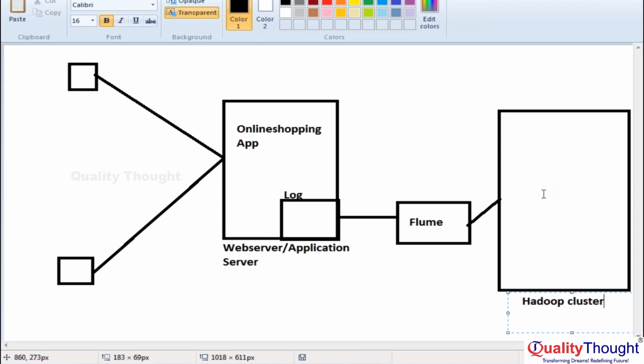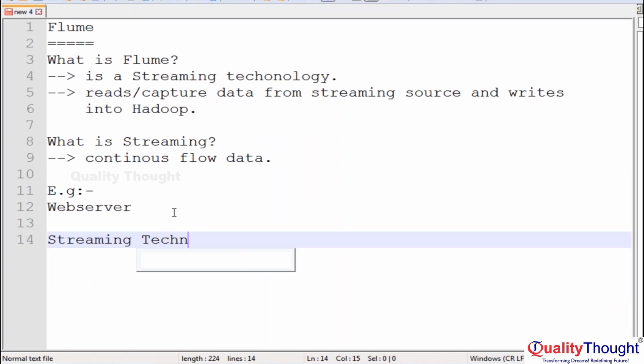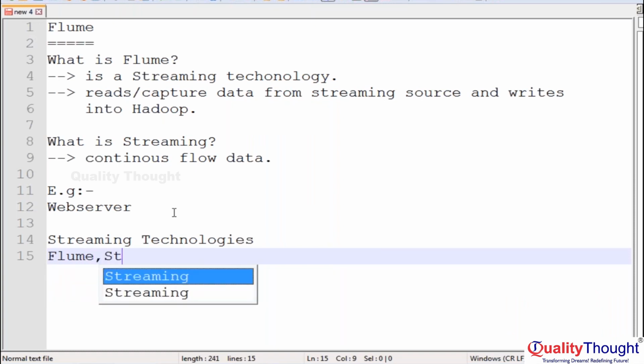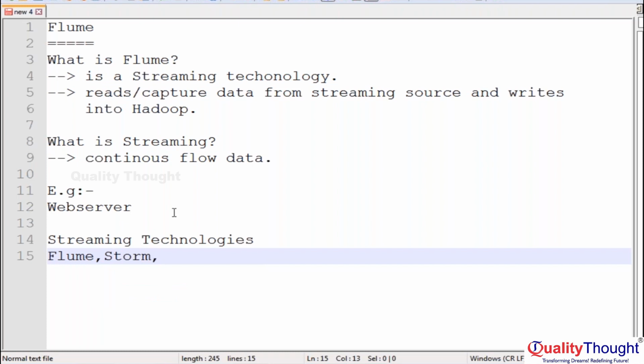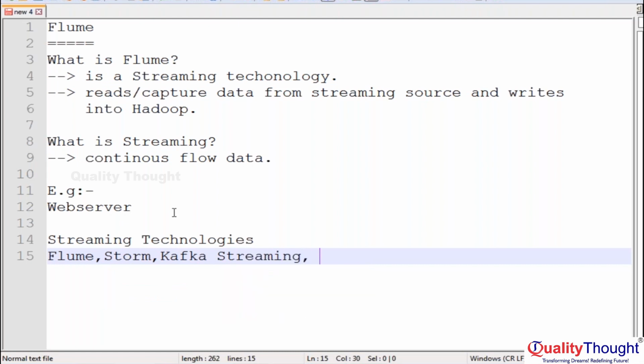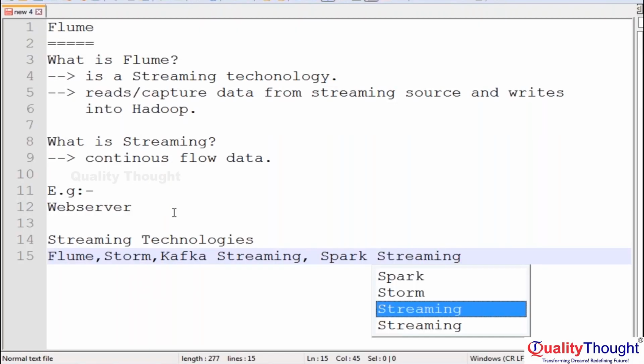And there are multiple streaming technologies available in the market. Not only Flume, we have Storm, and we have Kafka streaming, and we have Spark streaming.